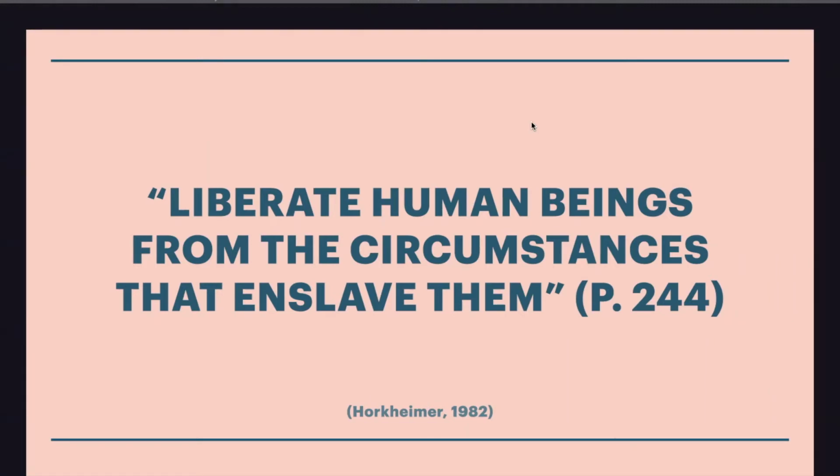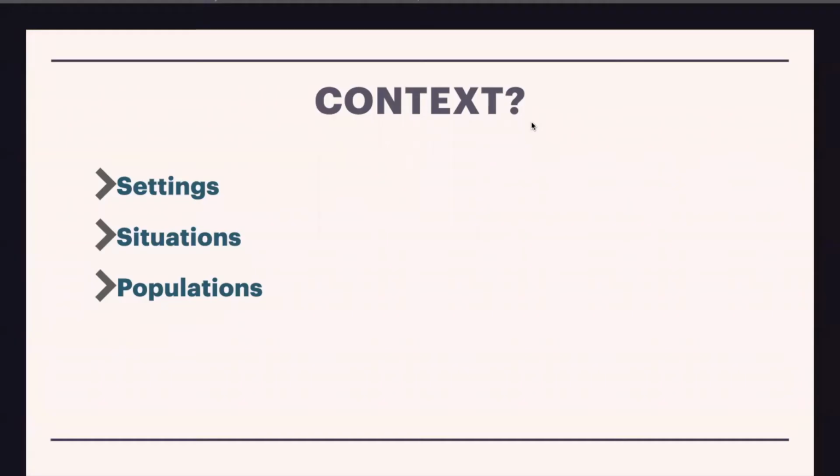So Horkheimer really examined and analyzed the conditions that human beings are enslaved by, whether that being race, socioeconomic status, gender, age, all of these theoretical concepts that bind us to an assumption or a condition that will prevent us from truly understanding the larger part of society.